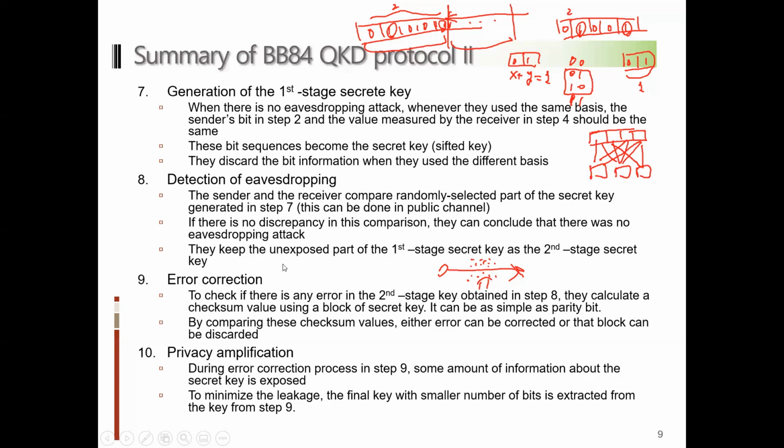In that case, you simply assume that all those errors were caused by the eavesdropper. Because you will have only partially lost information, by going through privacy amplification you can reduce the length of the secret key, and each bit of the secret key becomes as safe as the original one. So this is a summary of the BB84 protocol.